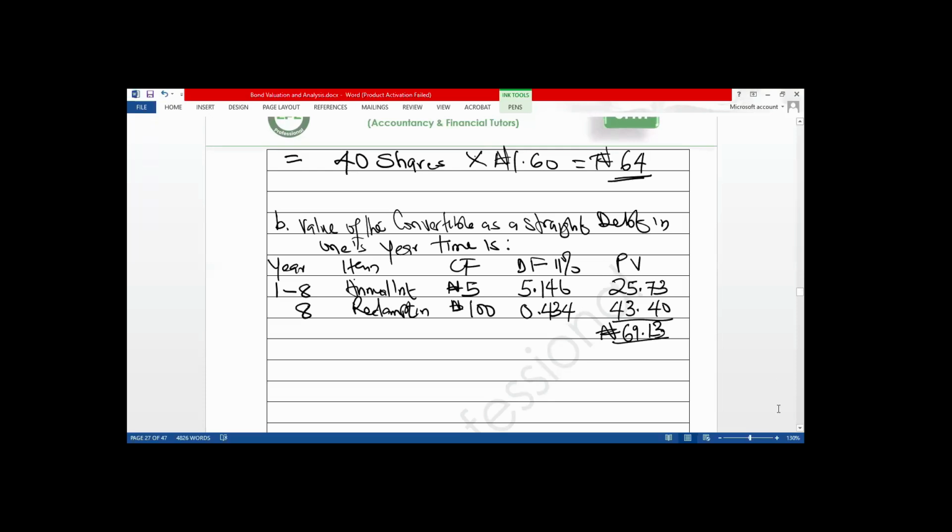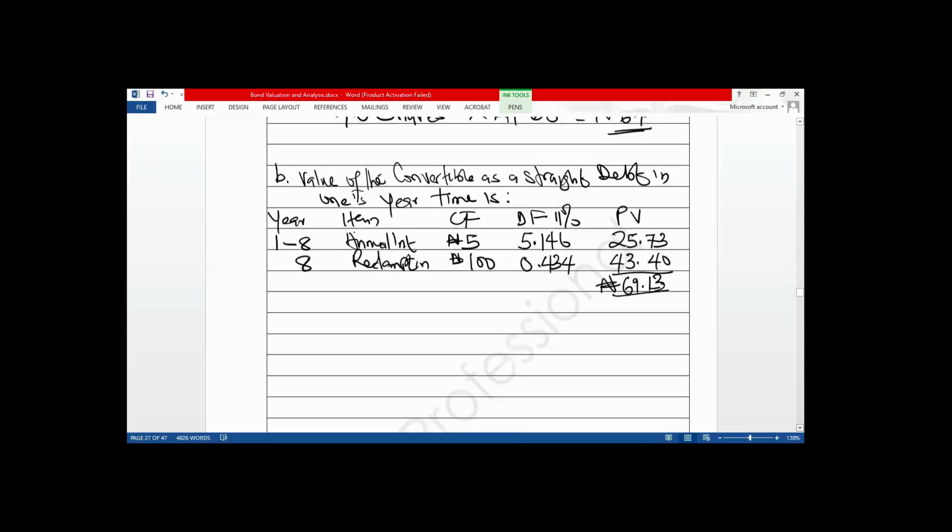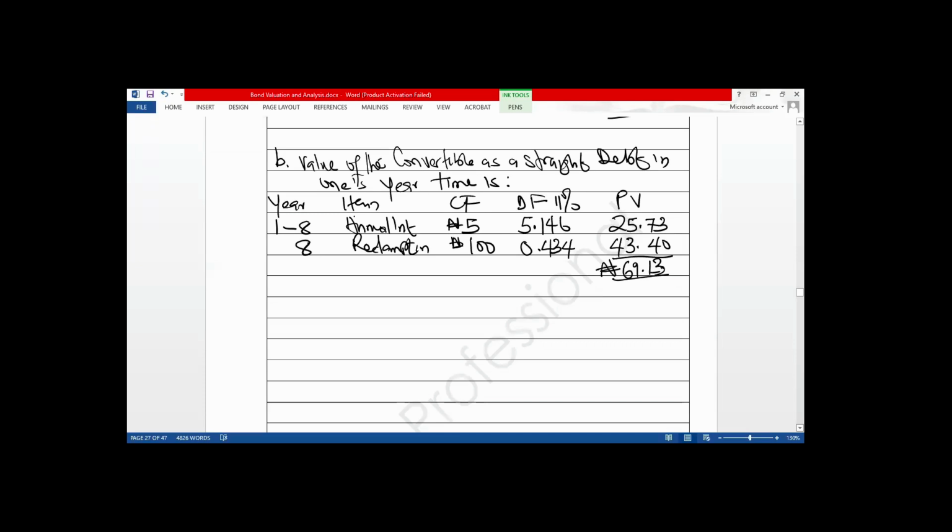You now come here and say, okay, conversion value in 1 year's time. Look at it, please. Conversion value in 1 year's time. I'm going to convert a debt to 40 shares, multiplied by the expected share price in 1 year's time.